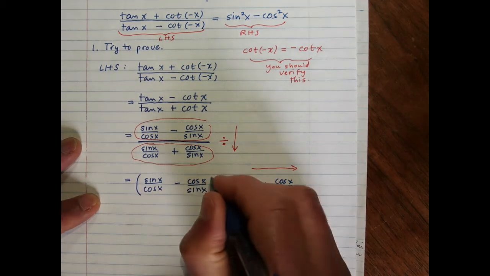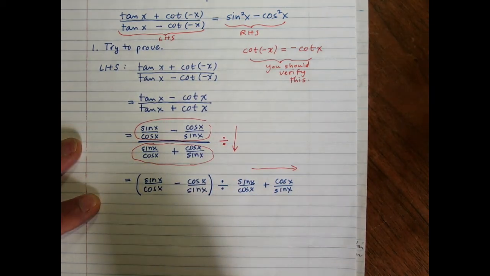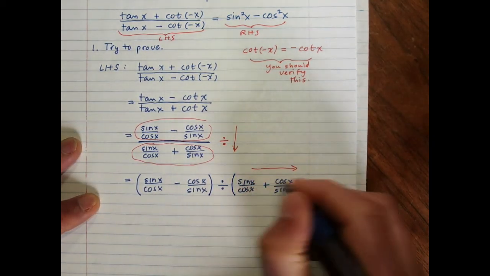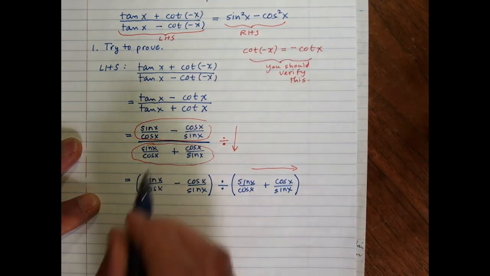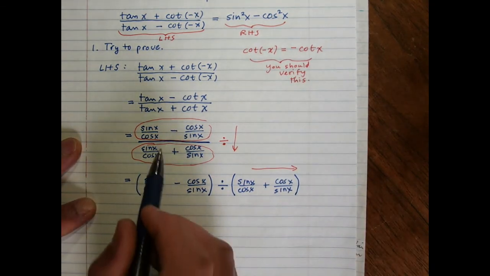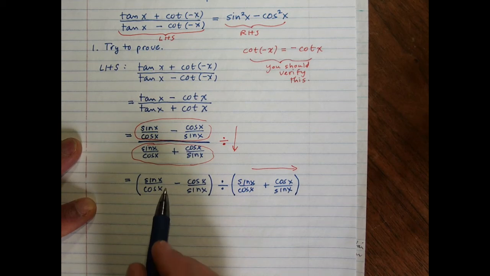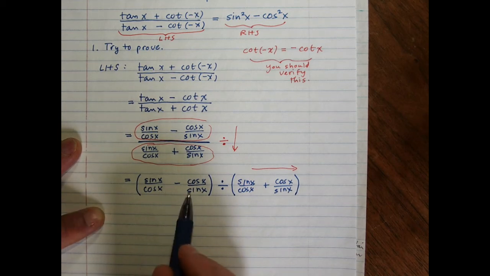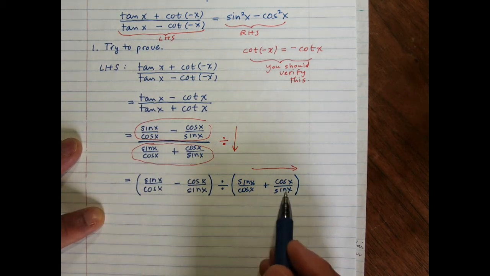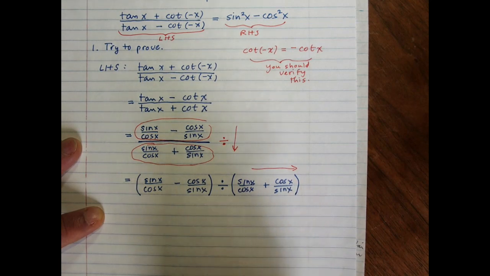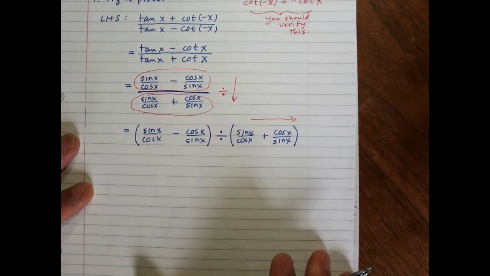I have to write parentheses around this first subtraction and parentheses around the two fractions that came from the denominator, because it's understood those are grouped together. I got to do the subtraction inside here, the addition inside here, before I can do the division that occurs in between.